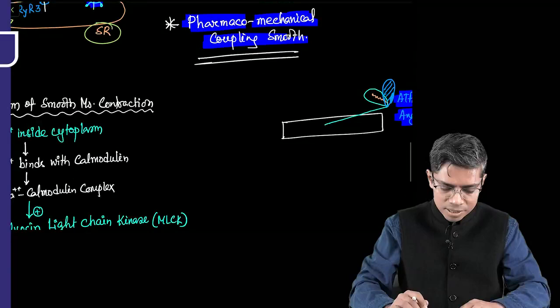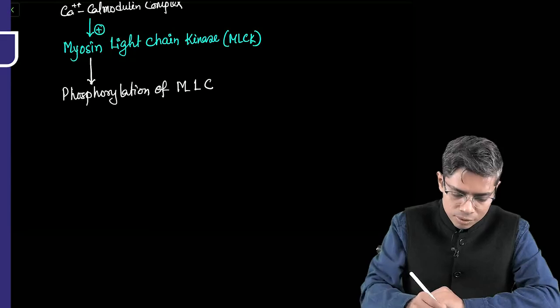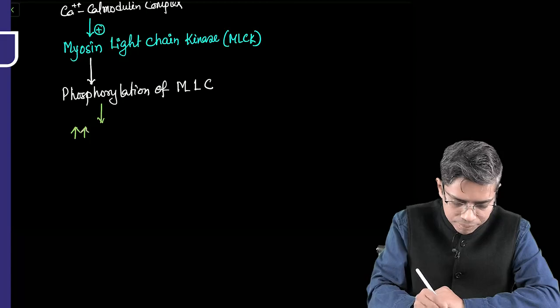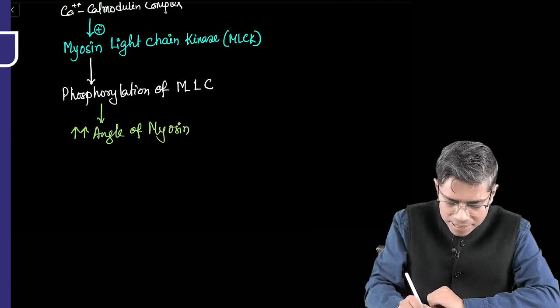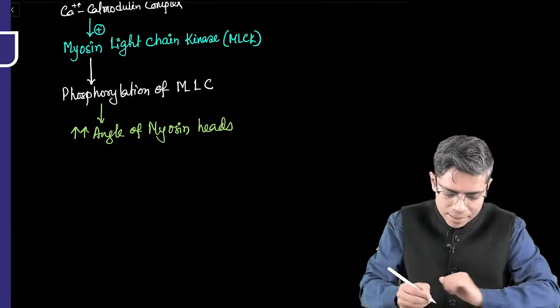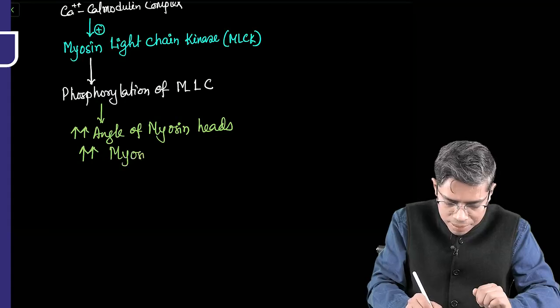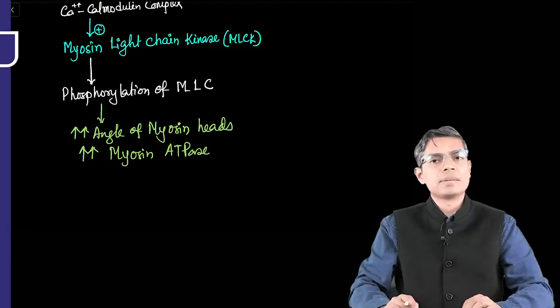So whenever you cause phosphorylation of the myosin light chain, what is going to happen? Just now I told you that there will be an increase in the angle of the myosin heads, and there will be an increase in myosin ATPase activity.